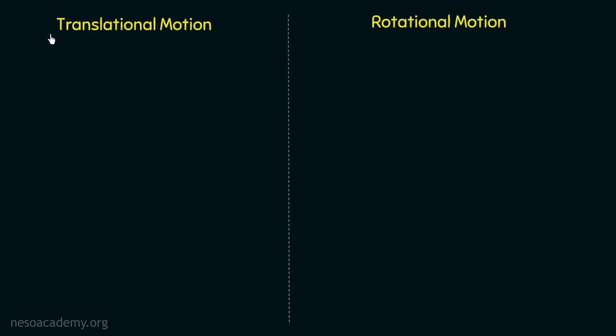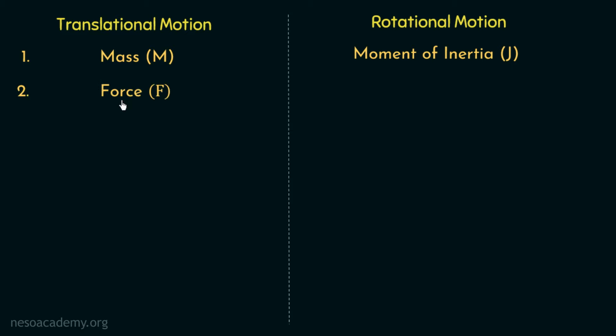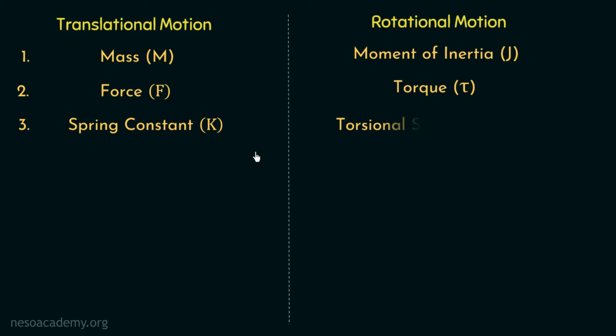Now moving on to the comparison between the translational motion and the rotational motion, we can say that mass in case of translational motion is analogous to the moment of inertia J in case of rotational motion. Moving on, force in case of translational motion is analogous to the torque in case of rotational motion. Moreover, spring constant in case of translational motion is the torsional spring constant in case of rotational motion.